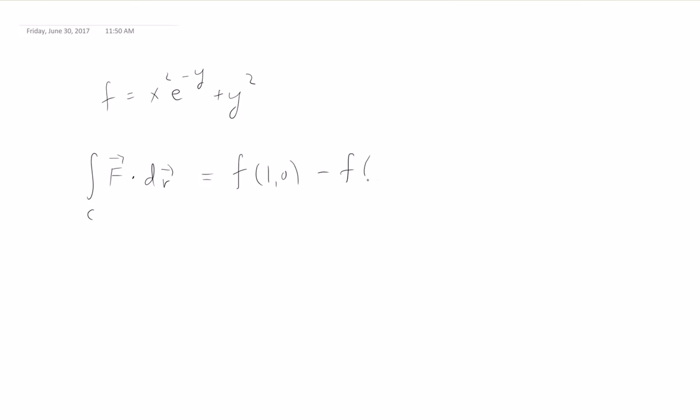Minus f of the start point, which was 2, 1. So let's see, f of 1, 0. If x is 1 and y is 0, we get 1 squared times e to the 0, which is 1, plus 0 squared. So f of 1, 0 is just 1.